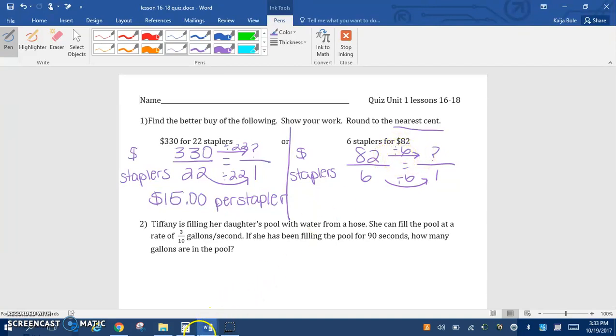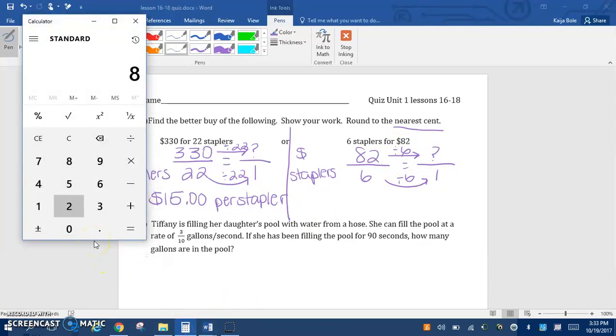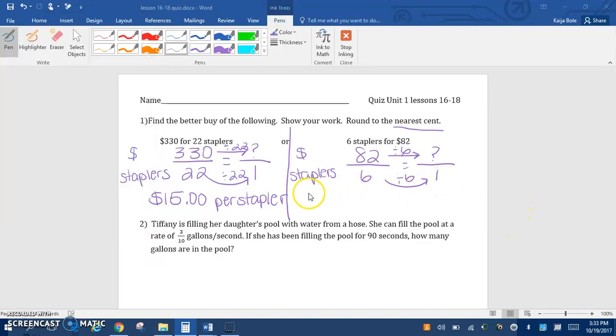So now here in the calculator, when I do 82 divided by 6, I get a very long decimal, but it's money, so I need to round to the nearest cent. So this is a 6, and if I look to the right, that's a 6, so that means it's going to bump it up to a 7. So my answer here would be $13.67 per stapler. So when we compare the two, we can see here that the second option is the better buy.